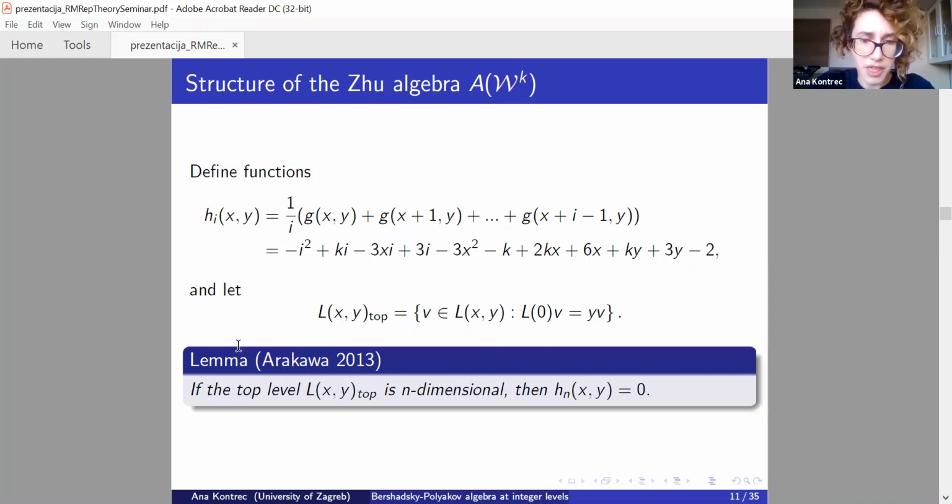Okay, so Arakawa proved in his paper this nice lemma here. So basically, if the top level of our highest weight module is n-dimensional, then it holds that the nth polynomial h_n(x,y) is equal to 0.